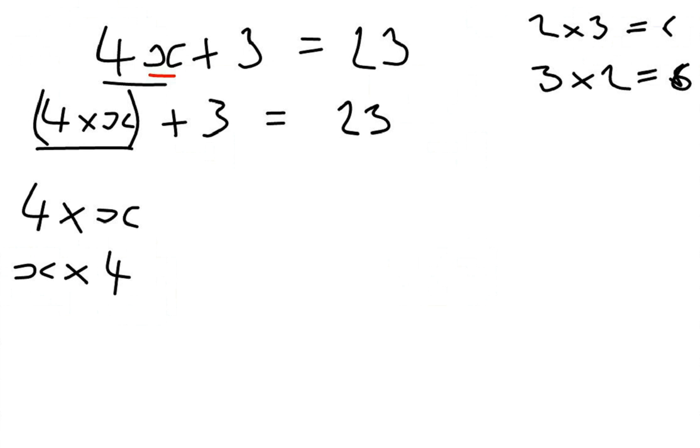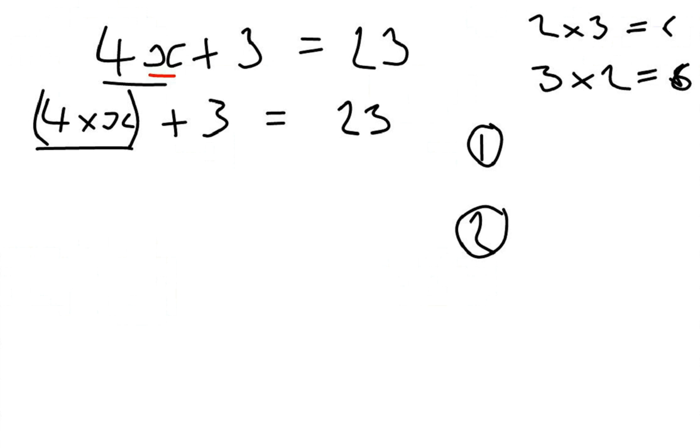Okay, so the first thing I'm going to do is I am going to get rid of those for a second. We're going to solve this using a function machine. In order to do that, we need to know what the first step of our two-step equation is, and we need to know what the second step of our two-step equation is.